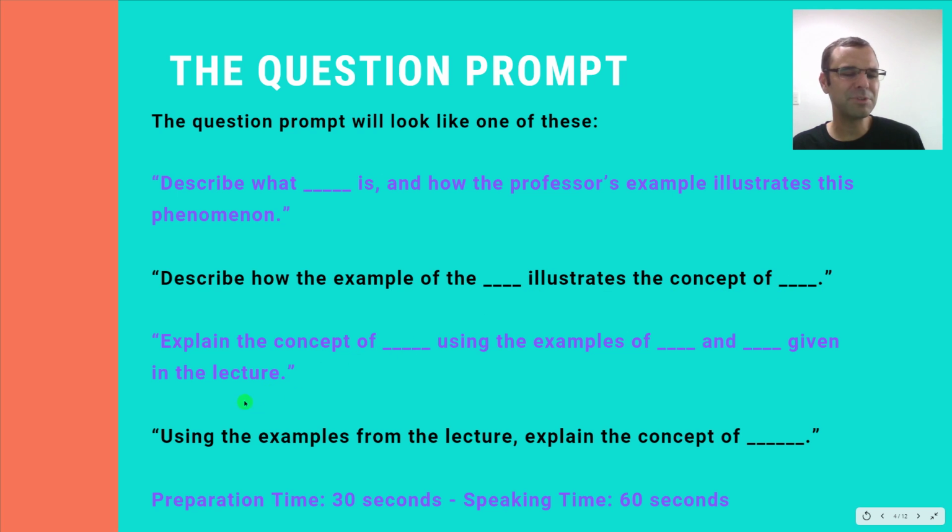Or even just simply using the examples from the lecture, explain the concept of whatever. And the whatever in these cases refers to the term or the concept from the reading. So basically, the prompt asks you to describe the concept from the reading and to summarize the examples from the lecture. You will be given 30 seconds to prepare and 60 seconds to actually speak.